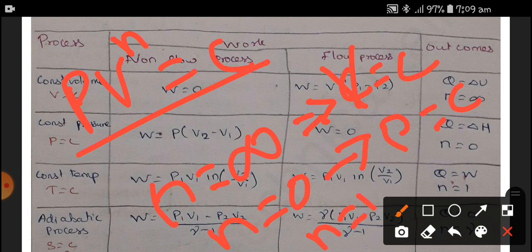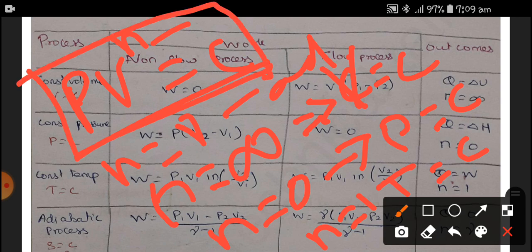If n is equal to 1, it is called a constant temperature process. If n is equal to gamma, it is adiabatic. If n is equal to n, then it is a polytropic process. So this is how, from this equation also, the different kinds of processes can be categorized.